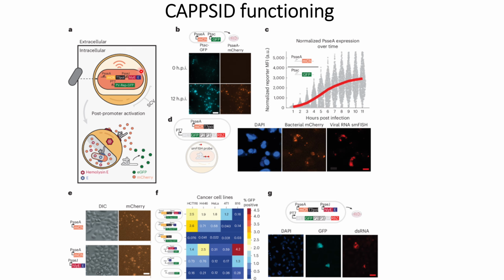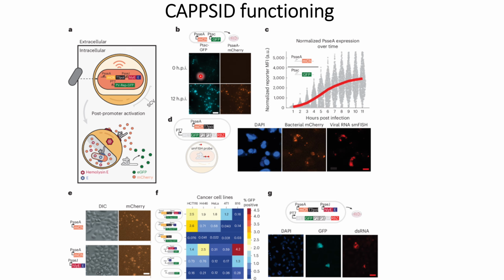So the first part that they check is the translation of the viral proteins once they infected the host cells. Here they can see that at 0 hour signals are almost negligible for this PSSE M-cherry and this PTEC GFP. So they use two different promoters, PSSE M-cherry and PTEC GFP.